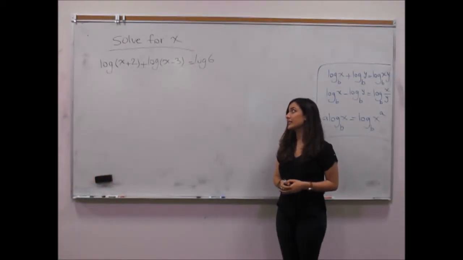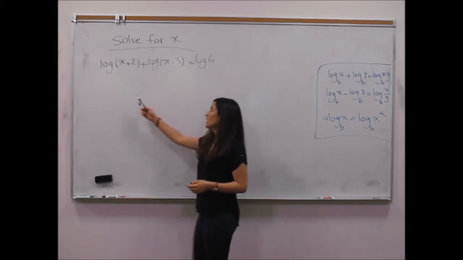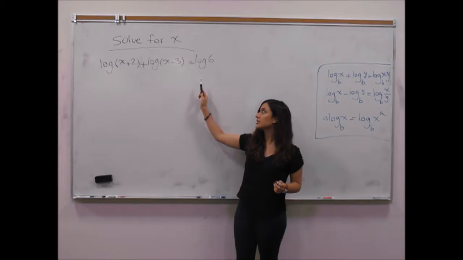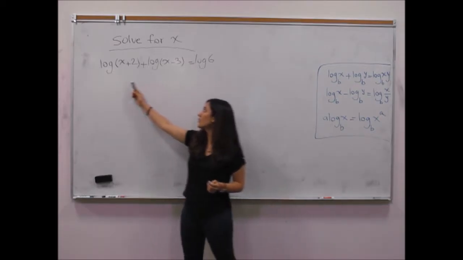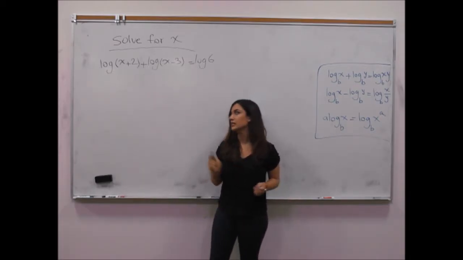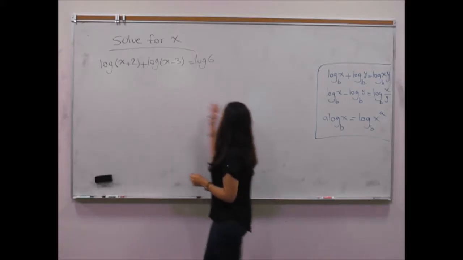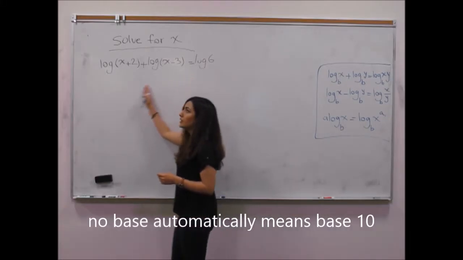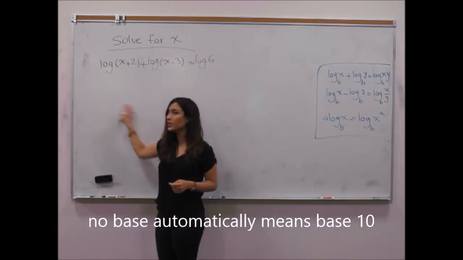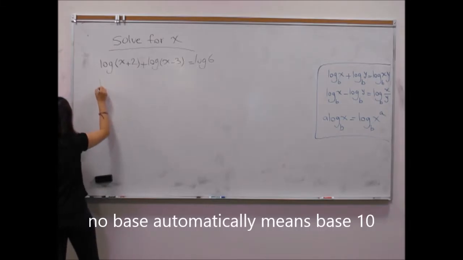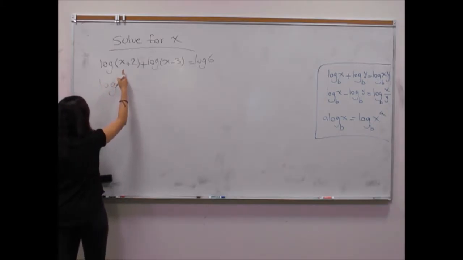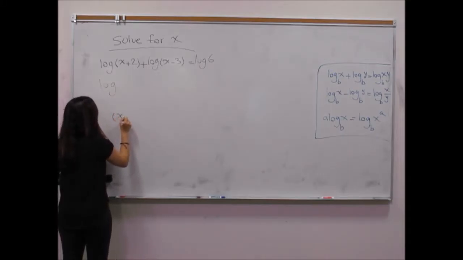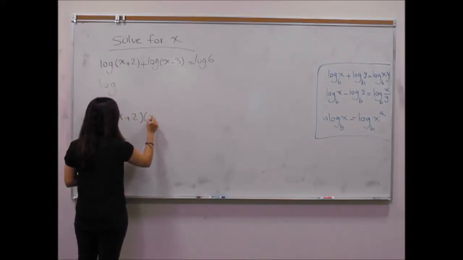Okay, here I have another example. Log of x plus 2 plus log of x minus 3 equal log of 6. And I have no base here, that means the base is 10. So I'm going to use this first property and rewrite the left side of the equation as 1 log. That would be log of x plus 2 times x minus 3.